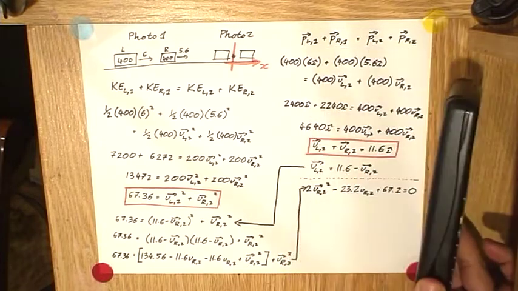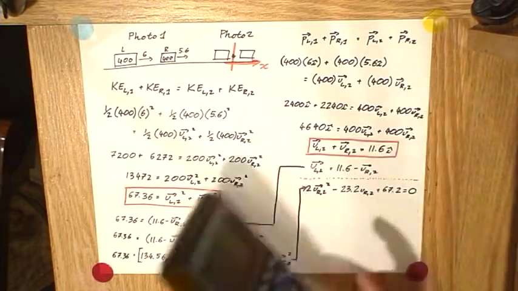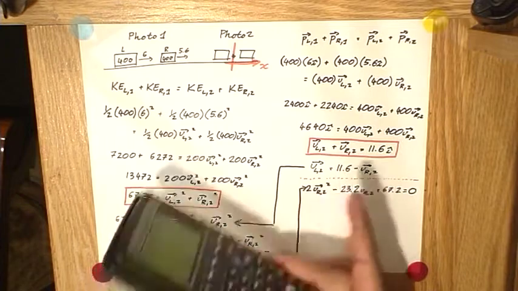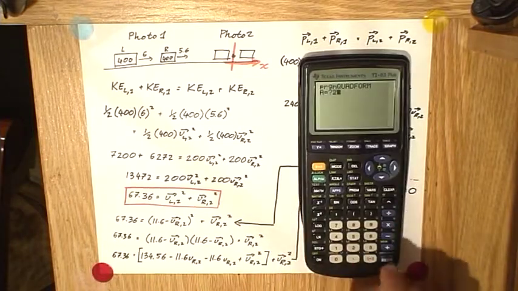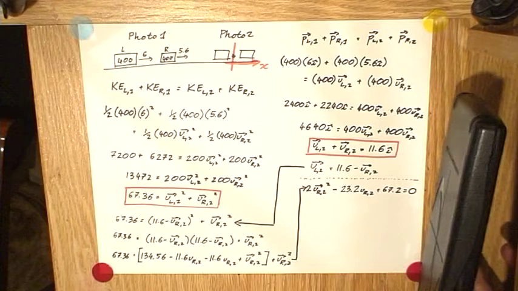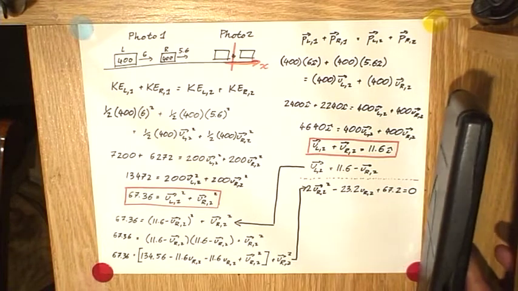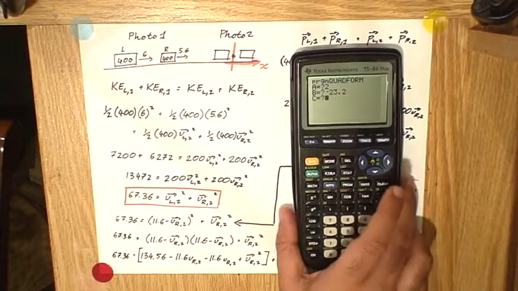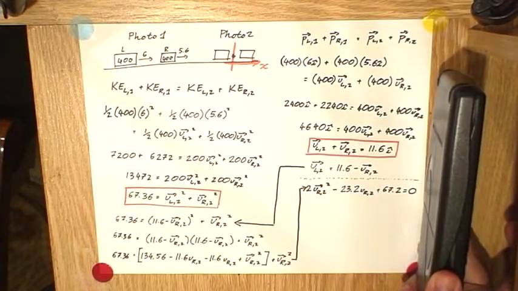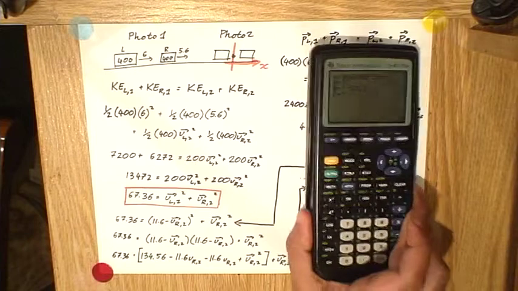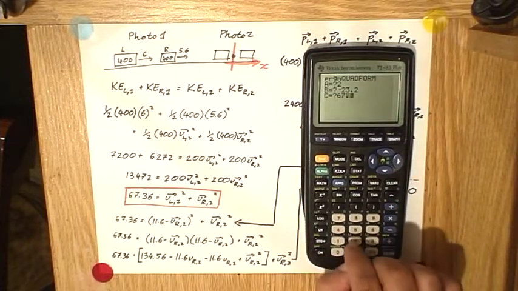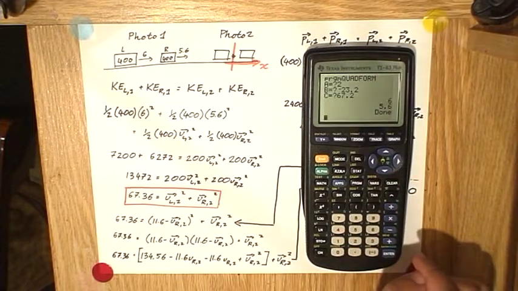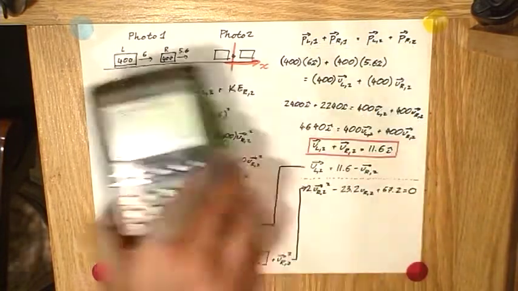So, the coefficient of the VR2 squared term is 2. The coefficient of the VR2 term is negative 23.2. And the constant term is 67.2. So we get that VR2 equals 6 or VR2 equals 5.6.